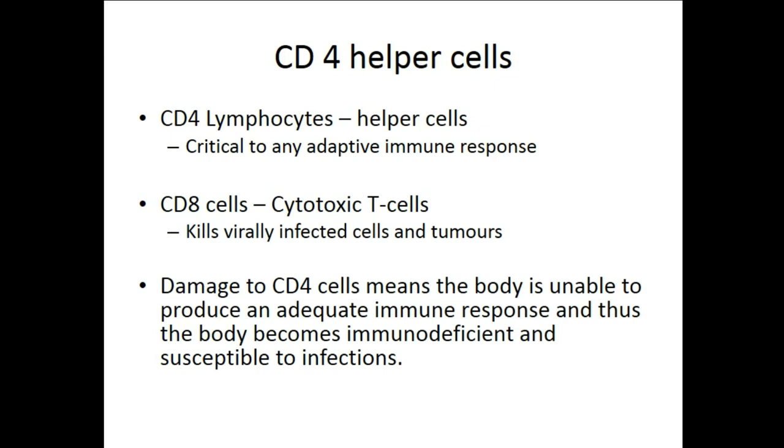And likewise, if you don't have CD4 cells, you're not going to get an effective CD8 cell response. And that's why HIV and AIDS is so devastating. Because HIV and AIDS basically target your CD4 cells. And in targeting your CD4 cells, it means that over time, your adaptive immune response becomes depleted.